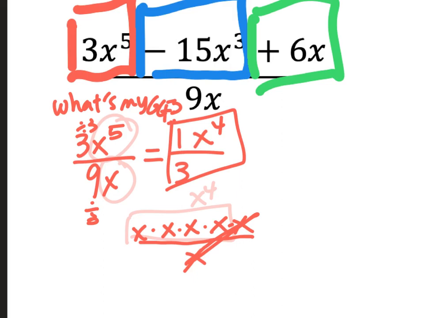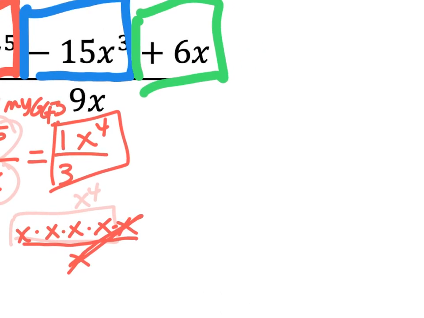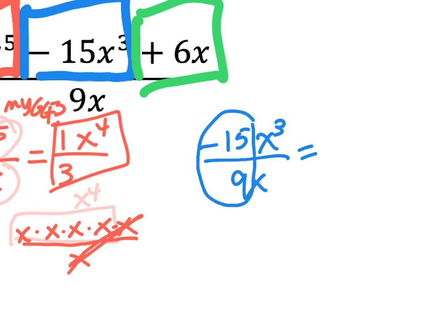All right, let's move on to our second term. Negative 15x to the 3rd power divided by 9x, right? So, once again, I want to try to simplify my numbers, my negative 15 and 9.